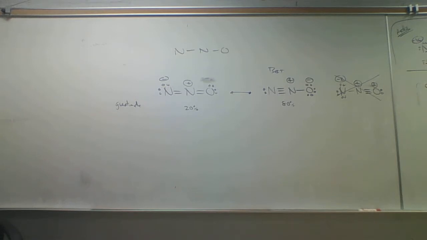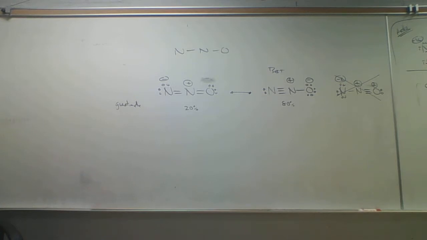However, I might draw a resonance form that looks like this. Rather than taking this lone pair, I'll take this lone pair and bring it to the bond here. And then let's convert this so we don't exceed the octet rule. Let's do that. So we come up with this. How about this? Rather, we'll have the double bond on the left of the nitrogen rather than the right of the nitrogen.